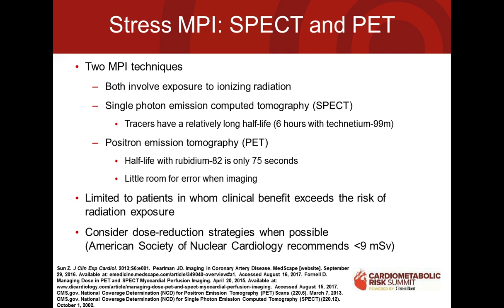SPECT is based on a radiotracer. Typically, we use a technetium-based radiotracer, which is important in that the half-life lasts for several hours. So you actually can combine SPECT with a treadmill test if you want to do it that way. Whereas PET, the most common radiotracer that's used is rubidium. Some places have access to ammonia-based PET. But in both cases, those have a very short half-life.